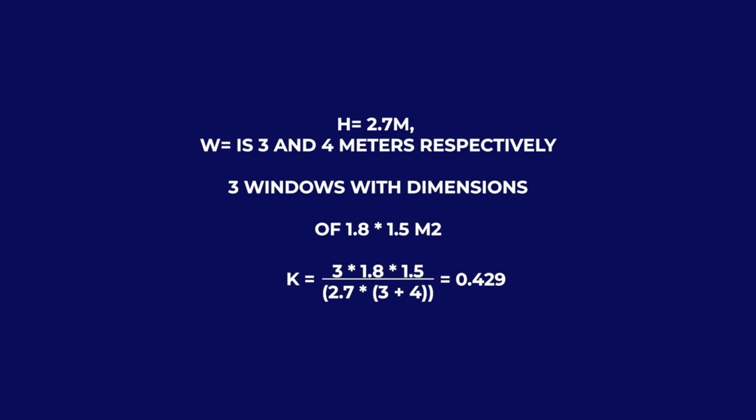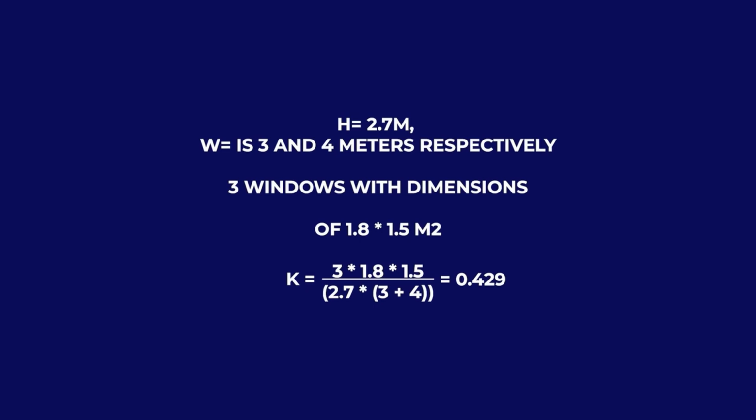For example, the height of the walls is 2.7 meters. The length of the walls on which the windows are located is 3 and 4 meters respectively. The project provides 3 windows with dimensions of 1.8 by 1.5 meters.